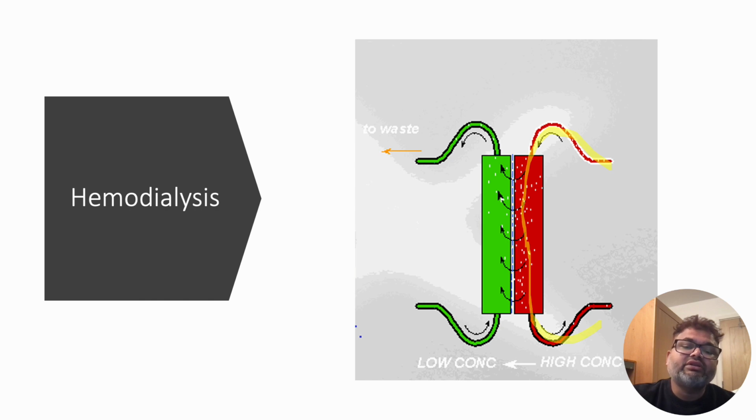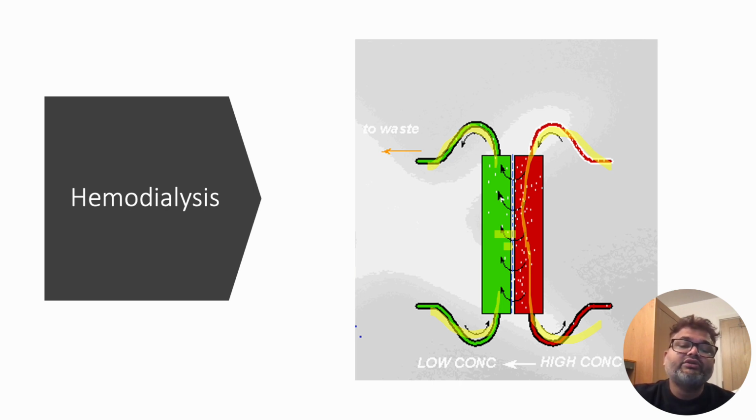But you can see there is a membrane here, and after that membrane there is another fluid flowing, and we try to keep it in the opposite direction so that we can get the benefit of a counter current mechanism.